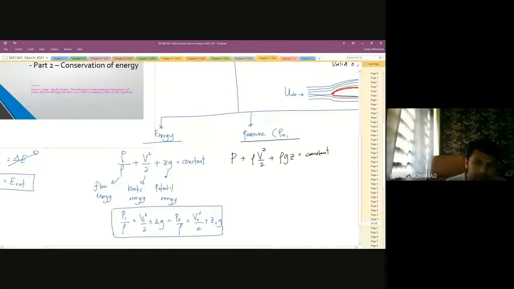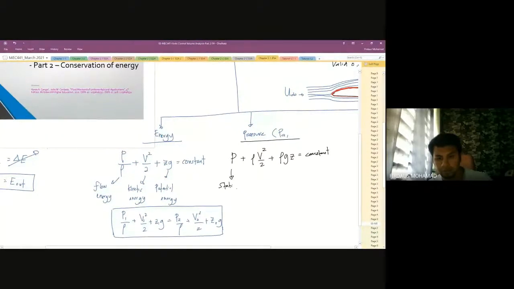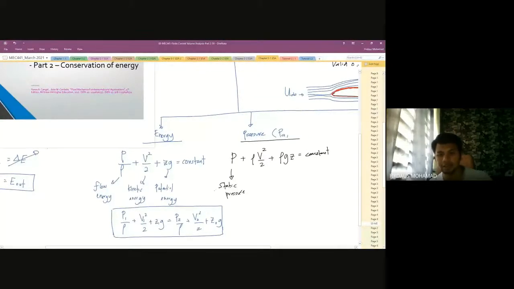Okay, so this is how to use the Bernoulli equation in terms of pressure. Okay, so P, of course, it is pressure, but what pressure? It is static pressure. Okay, so nanti next slide saya akan perincikan what is static pressure.